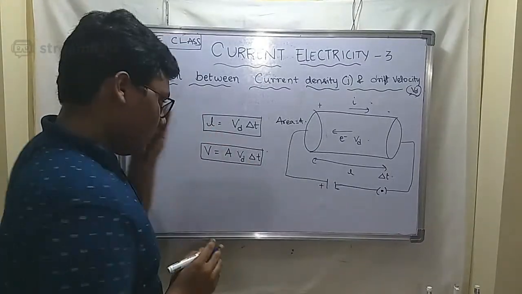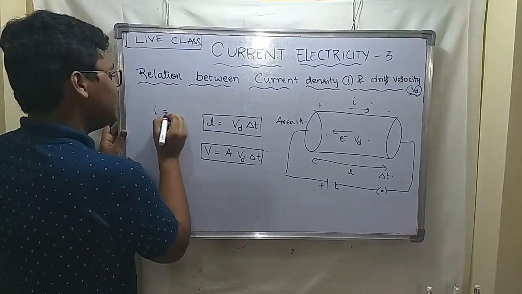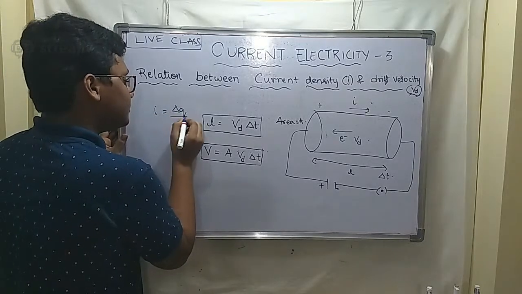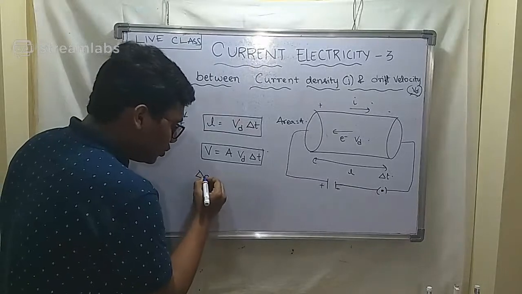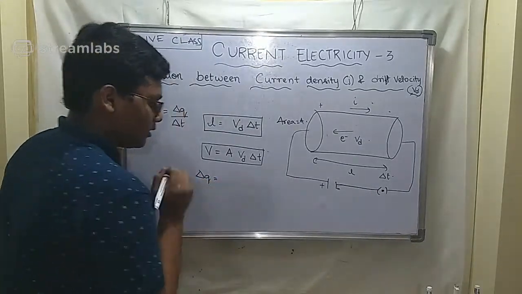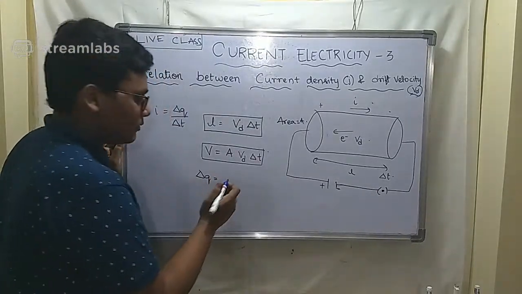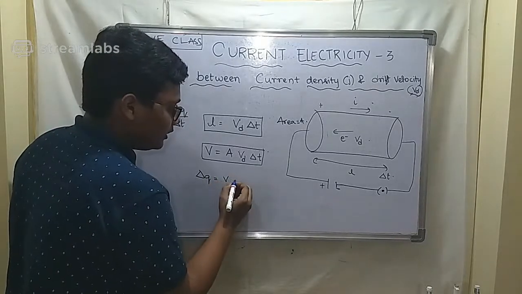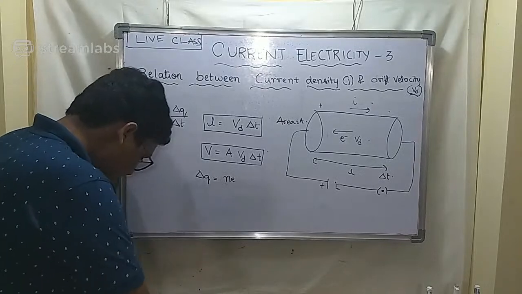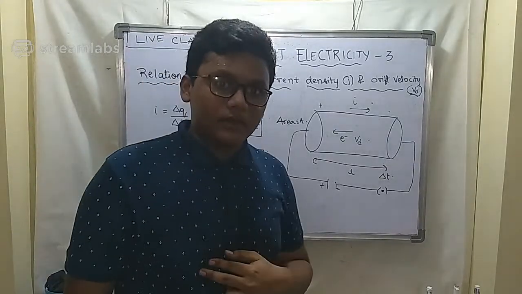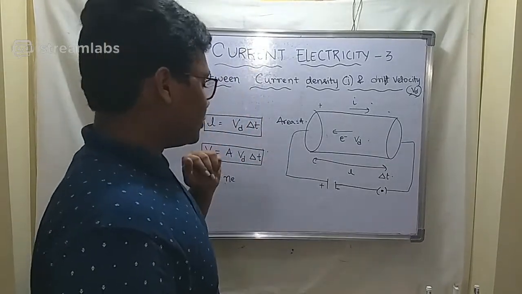We know I is equal to delta Q by delta t. In that, delta Q is equal to volume into n e. Normally, charge Q is equal to n e.